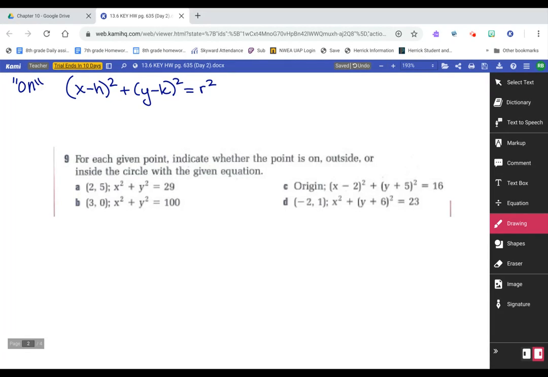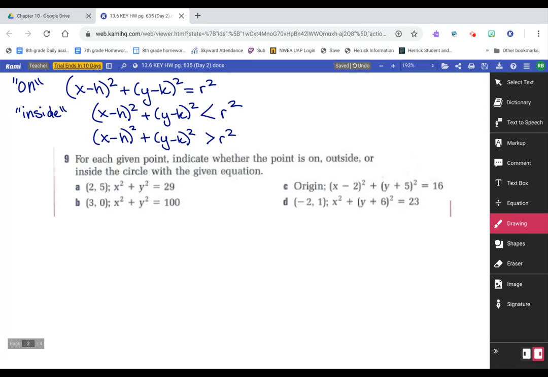If this side is less than the radius squared, then the point will be inside the circle. And the opposite, if (x - h)² + (y - k)² is greater than your radius squared, then that point will be outside the circle.